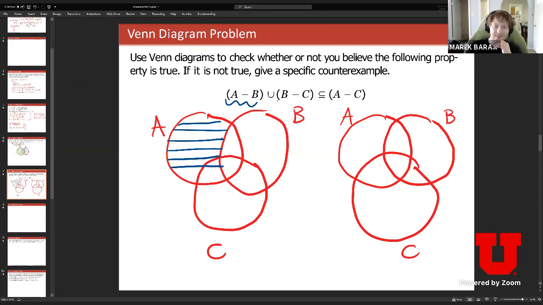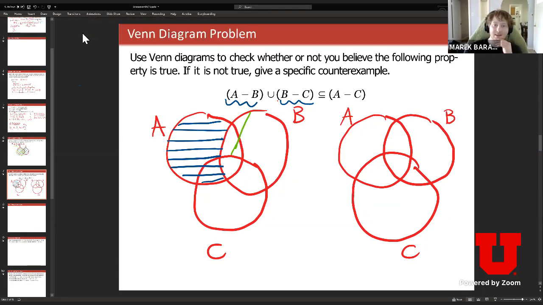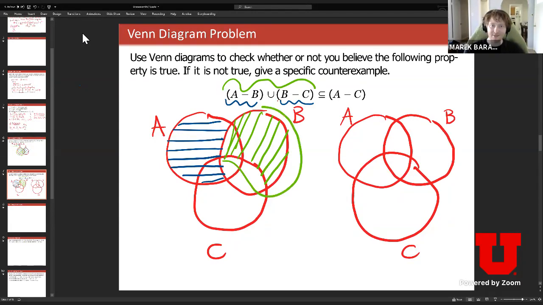And that's everything not in B. And then next, we'll do B minus C. And that's everything in B, not in C. And so finally we do the intersection. So the intersection is going to be this part right here.